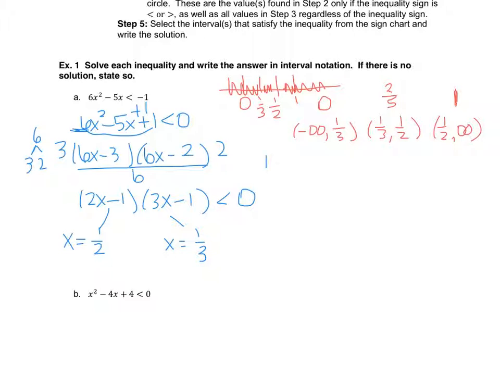So I'm going to do 6 times 0 squared minus 5 times 0 plus 1 is less than 0. Ultimately that gives me 1 is less than 0. Is that a true or a false statement? That's a false statement. So that means this interval is no good. I have to exclude it.